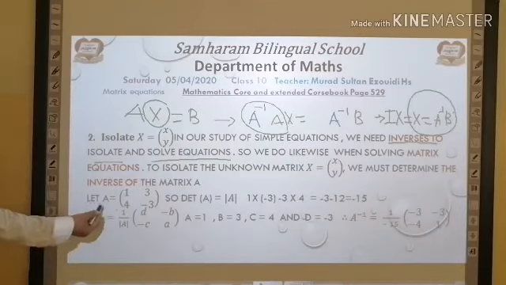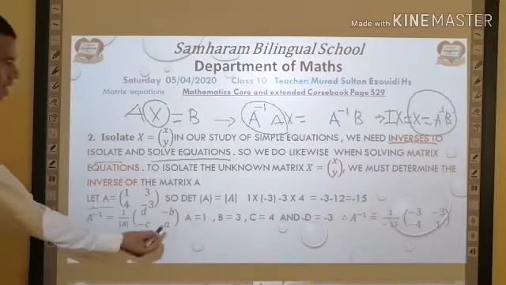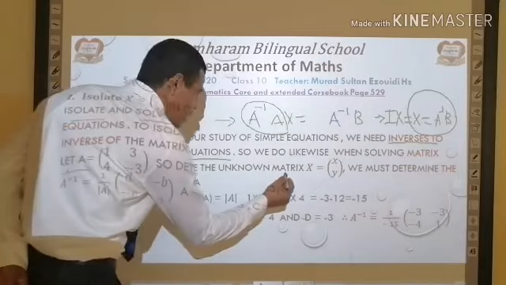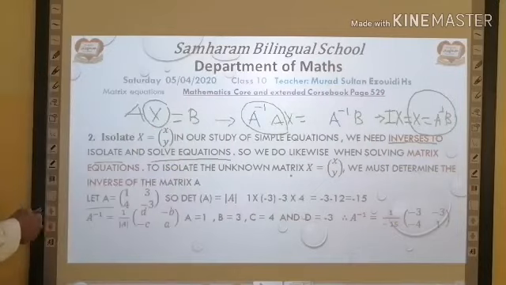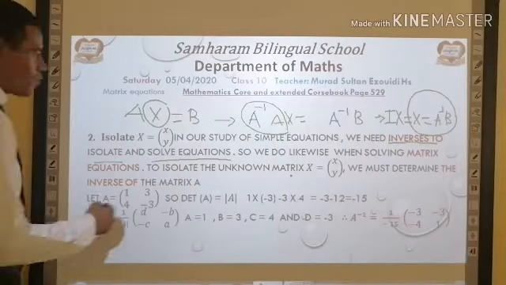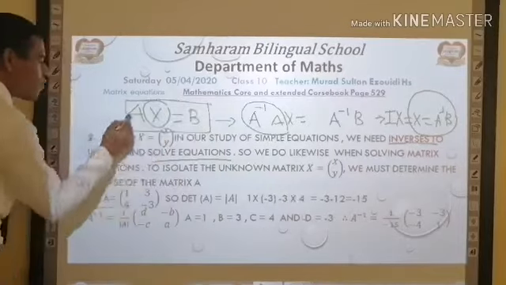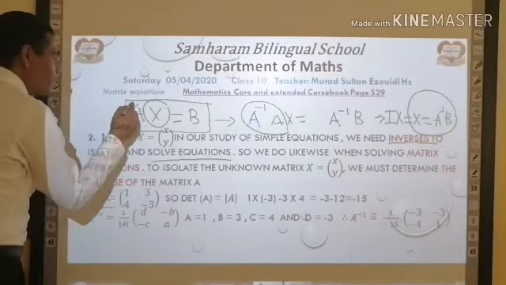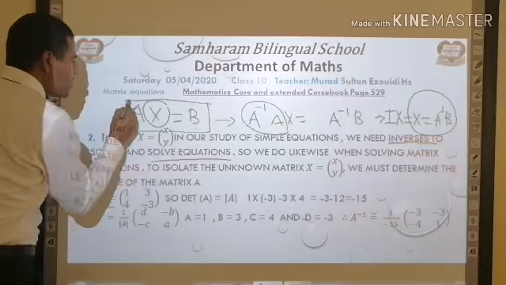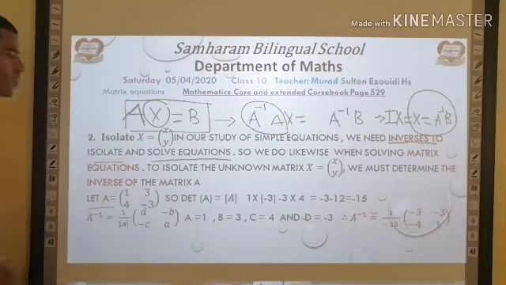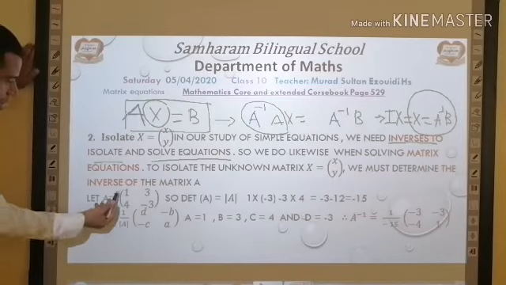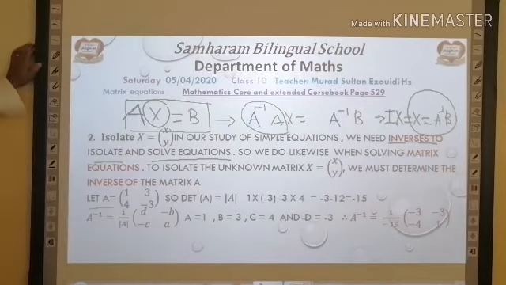Okay, let's do it, my kids. First of all, in order to solve this kind of equation, we said AX equals B. So we should find the inverse of this matrix A. You already know how to find the determinant and how to find the inverse. So let A equal 1, 3, 4, negative 3.